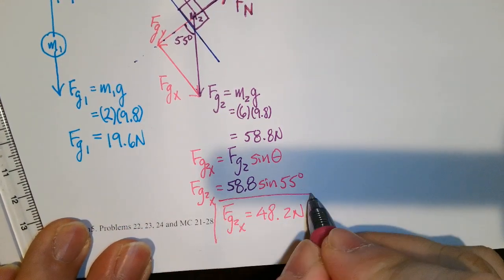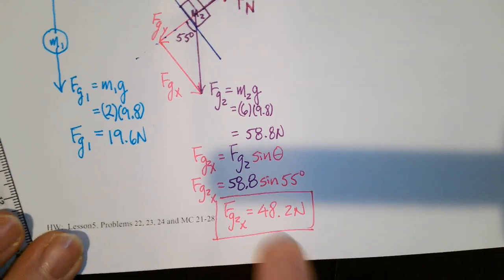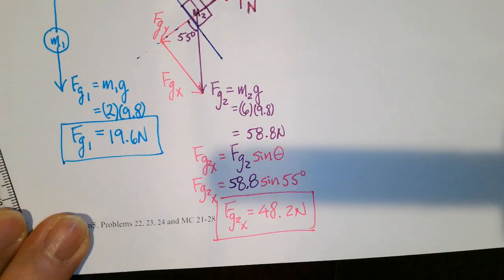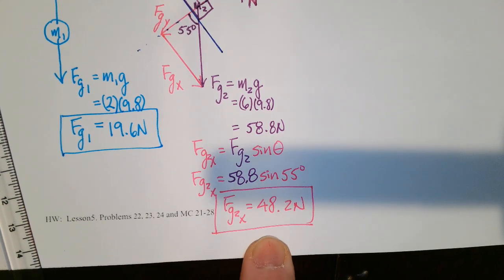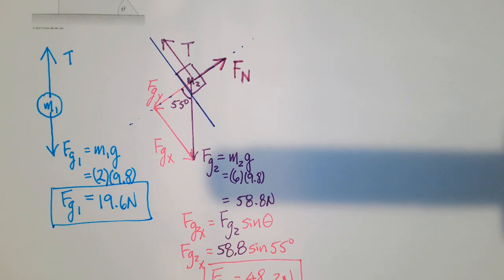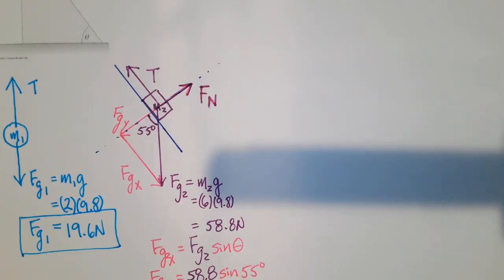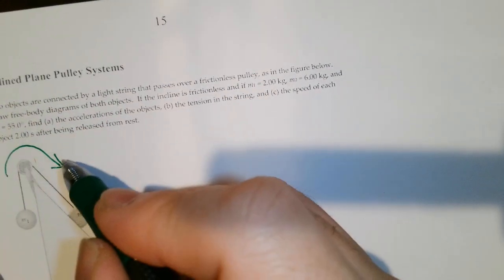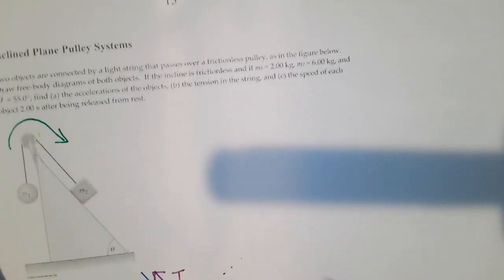So who's going to win in this tug of war between this and this? It's kind of obvious to see that M2 is going to win, right? So the direction of motion is going to be this way, okay, where this is the direction of motion.